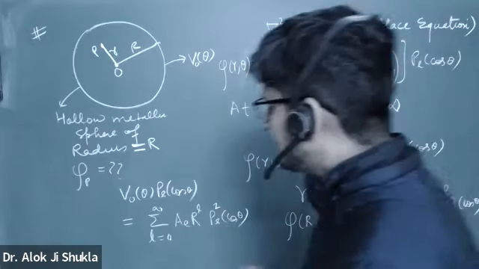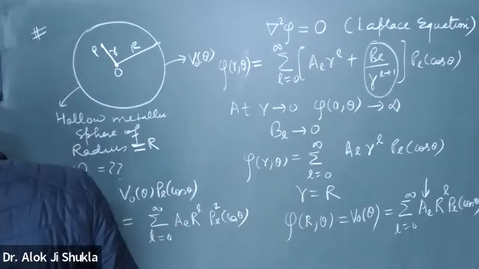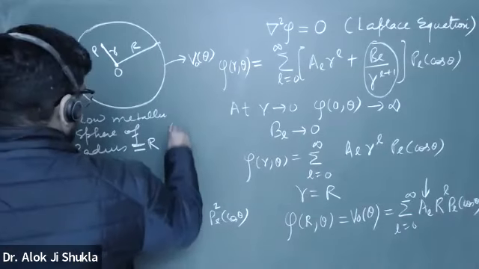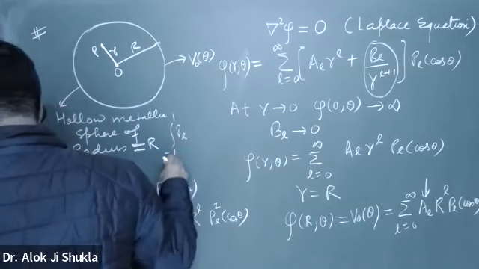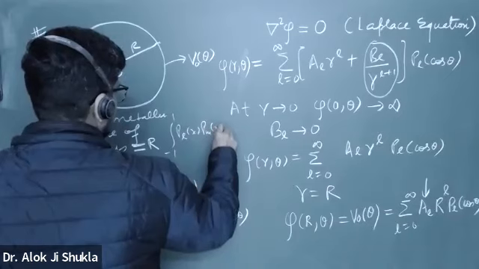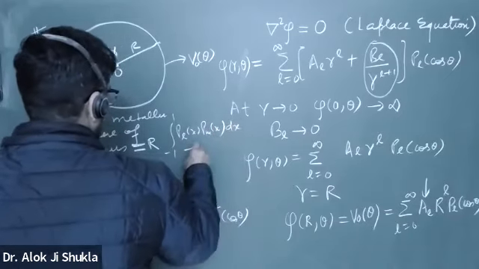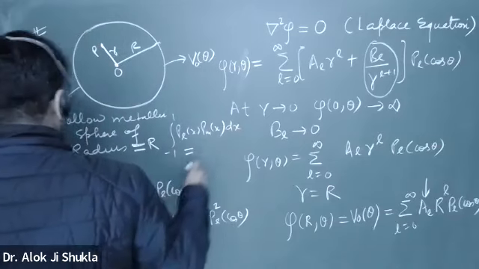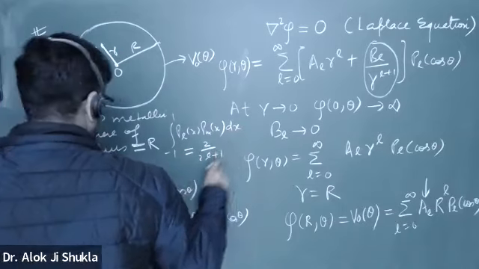So you remember this from Legendre polynomials, integral from -1 to 1 of P_L(x) P_M(x) dx is equal to 2 upon 2L plus 1 times the Kronecker delta.